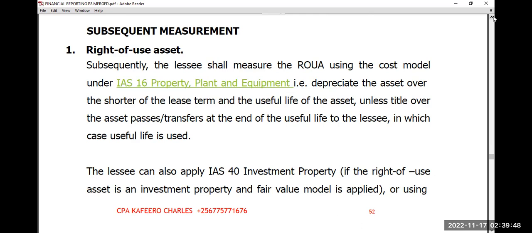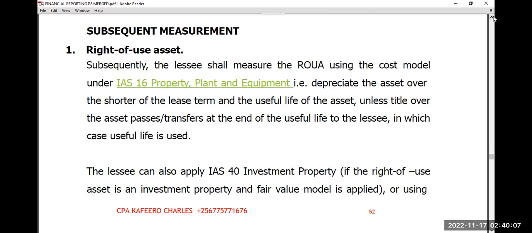But if the person is going to buy the asset at the end of the lease term, we are going to depreciate that asset using its useful life.